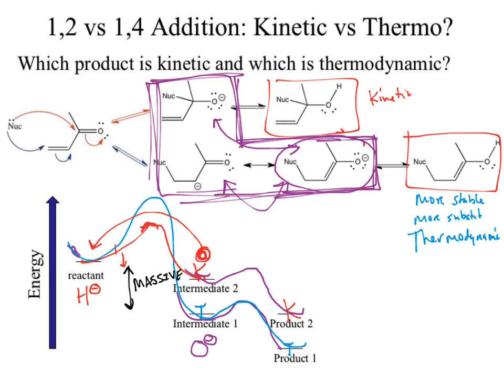What if I switch to a different nucleophile? Say oxide. What is the relative stability of a red negative oxygen versus a purple negative oxygen? They're the same, which means the gap between those becomes nothing. Holy crap. Sorry. I'm going to just say that says nothing.